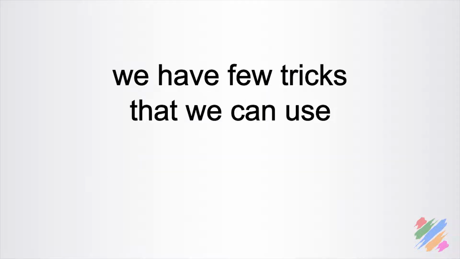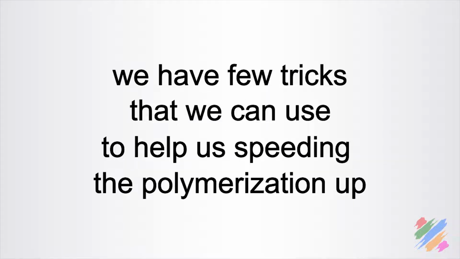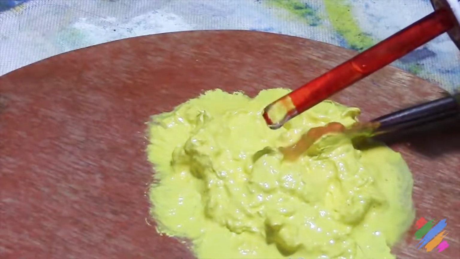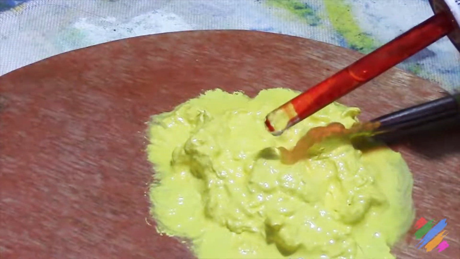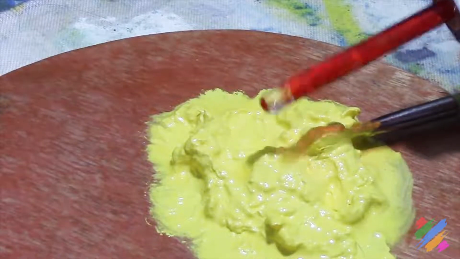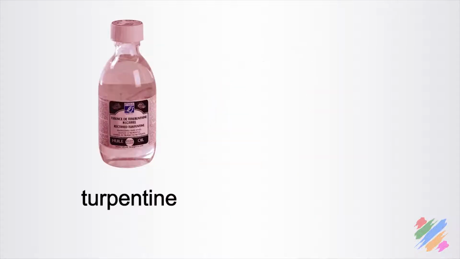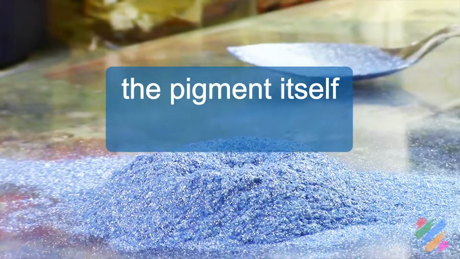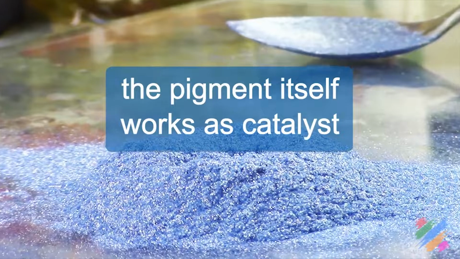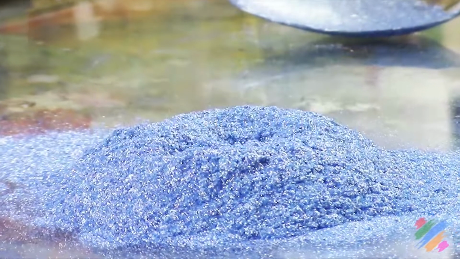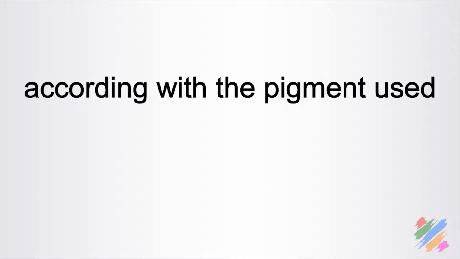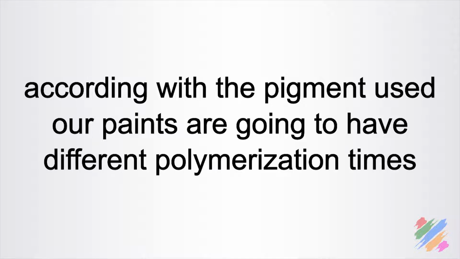We have a few tricks that we can use to help speed the polymerization up. For example, one of these is to add something to the medium that works as a catalyst, like some metal solution, some turpentine or petroleum distillate. The pigment itself works as a catalyst, and actually this is going to be a problem for us because, according to the pigment used, our paints are going to have different polymerization times.